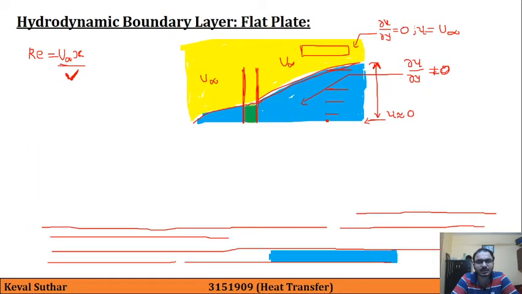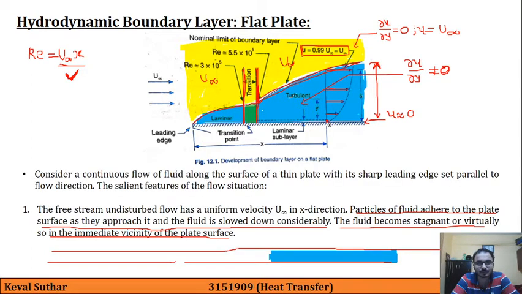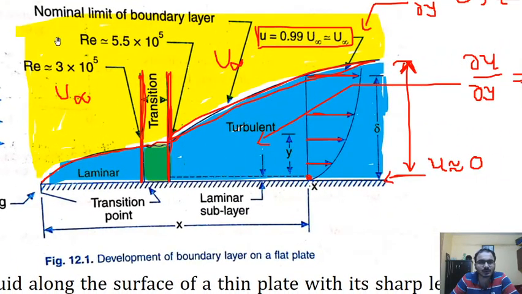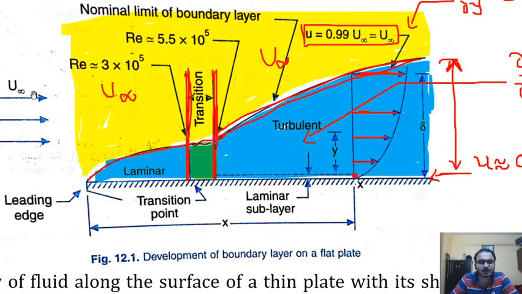Then we studied in detail about the hydrodynamic boundary layer for a flat plate. Here in this figure, as you can see, the yellow region is the region where the velocity of the fluid is equal to the free stream velocity u infinity, and the region below this yellow part is where boundary layer effects are observed.